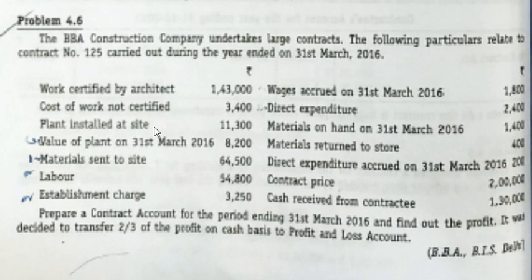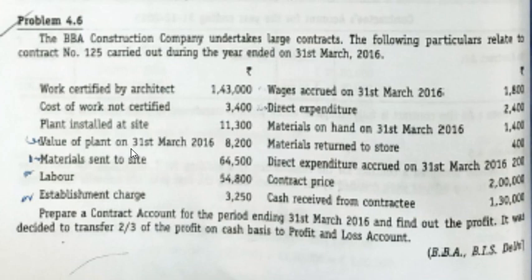Work certified by architect, cost of work not certified, materials returned to stores, and contract price will appear on your credit side. Then material on hand, that is the closing balance, will also appear on your credit side.